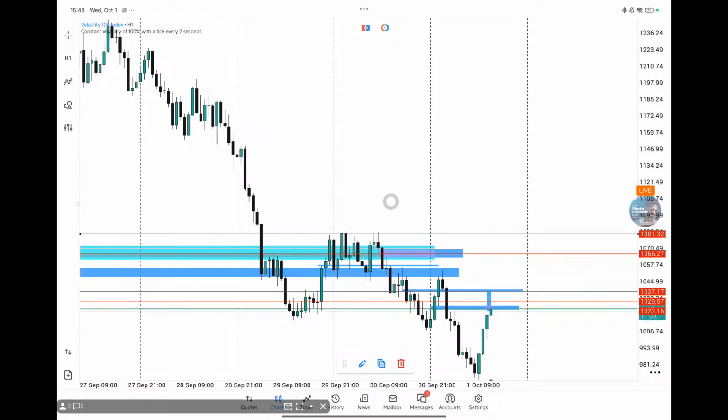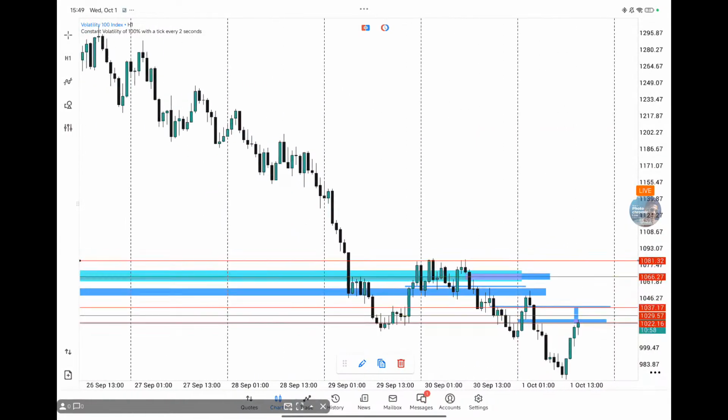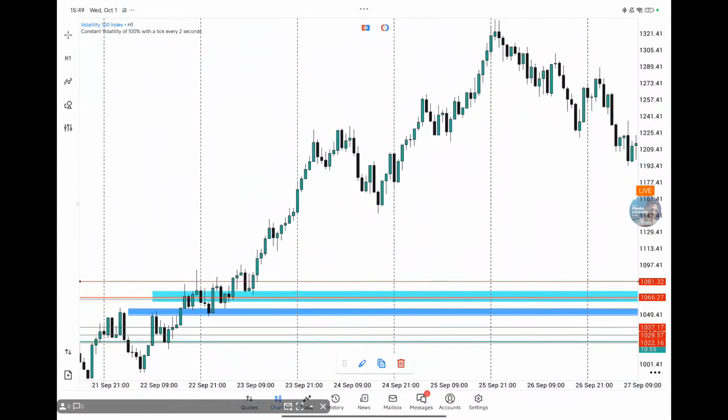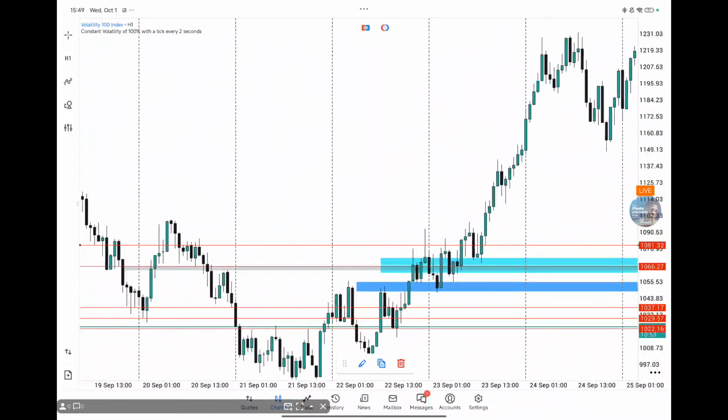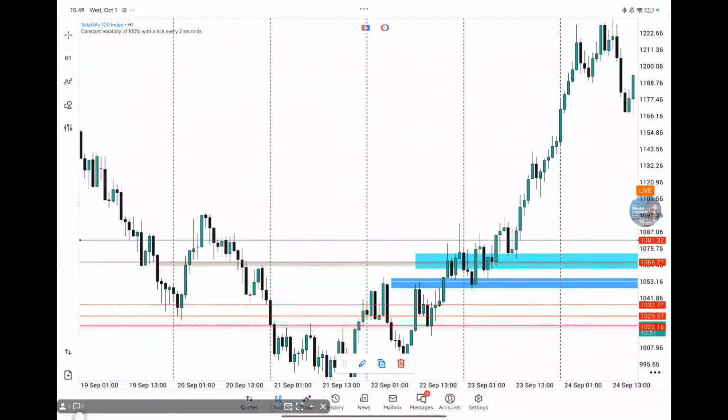On the 1 hour time frame, when we scroll to the left, can you see this particular bearish candle right in here, from the low of it to the high of it?